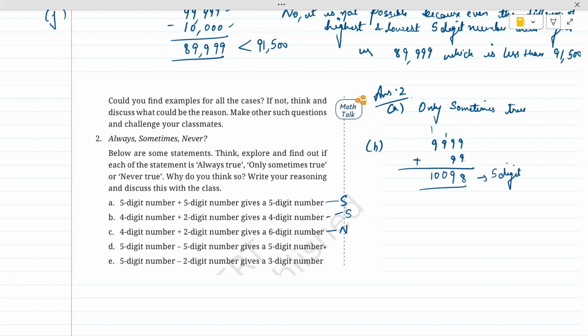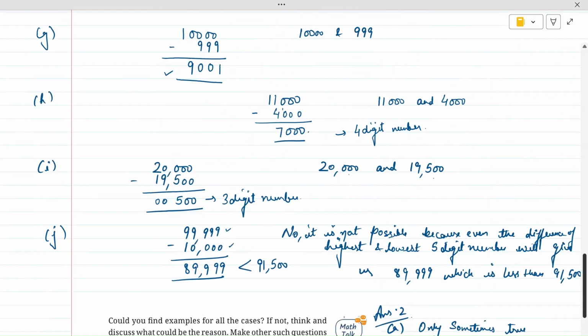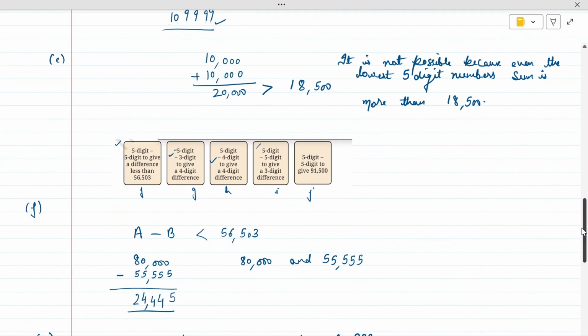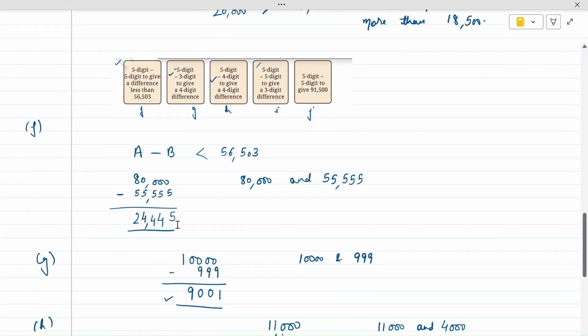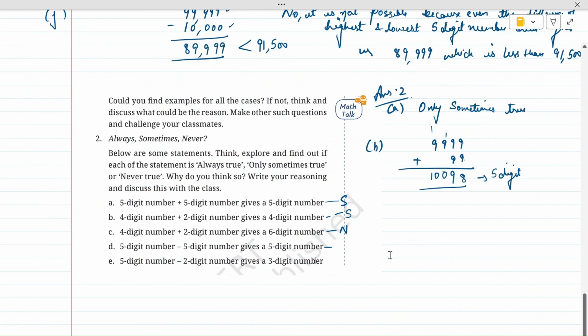Okay, next the D part. It says a 5-digit number minus a 5-digit number gives us a 5-digit number. One part we have already seen here, right? We have done this, where a 5-digit number minus a 5-digit number is giving us a 5-digit number. So again, is it always true or sometimes true? That we have to find out.